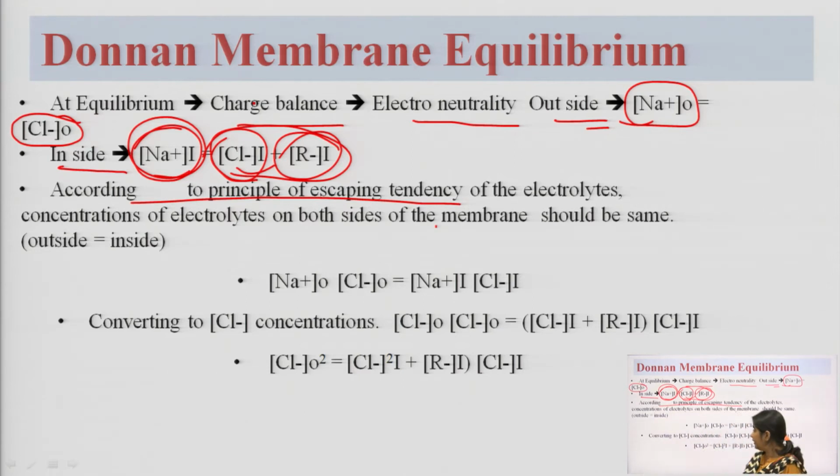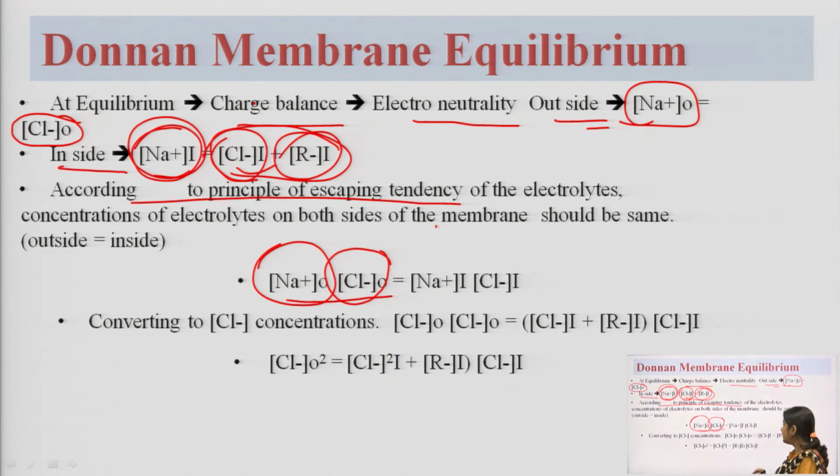Okay. So, here we can write down the concentration of positive charged sodium ions multiplied by the concentration of chloride negative charge outside is equal to concentration of sodium multiplied by concentration of chloride ions inside the chamber.